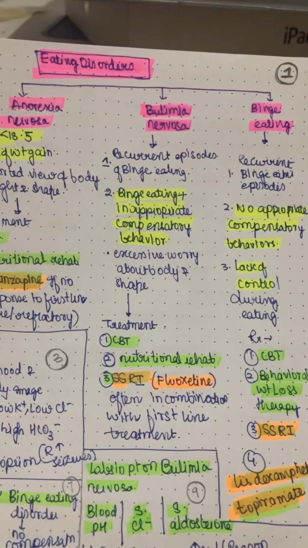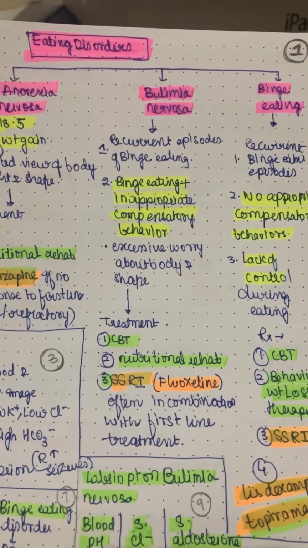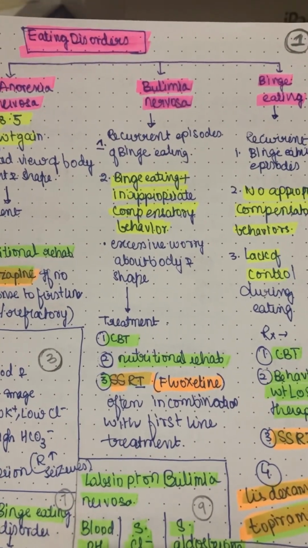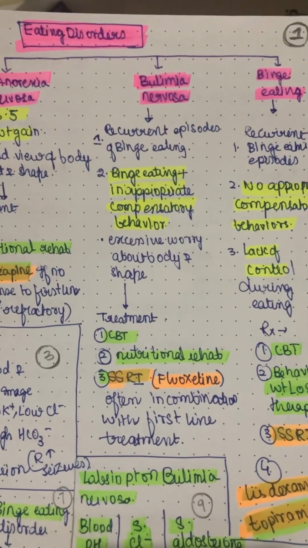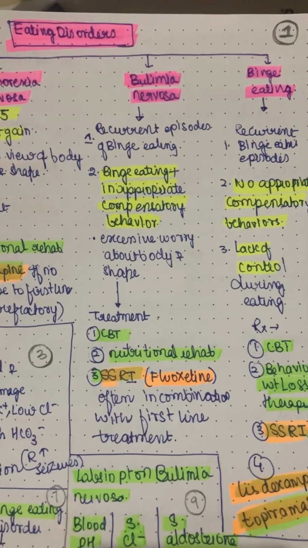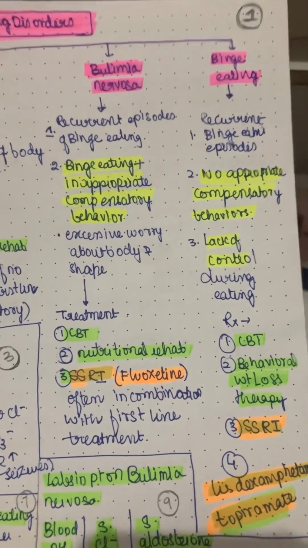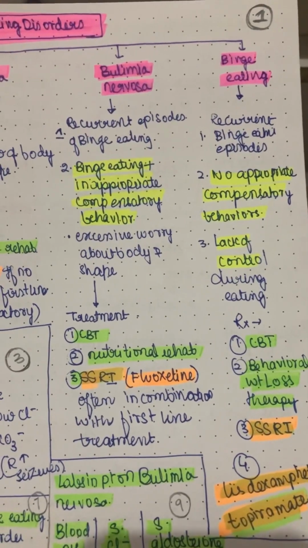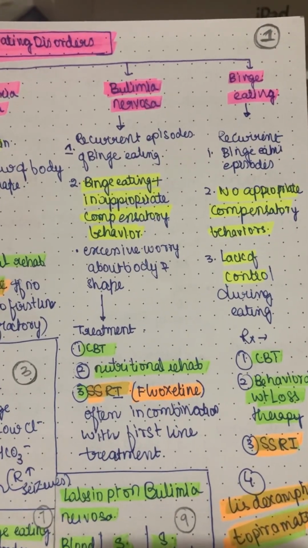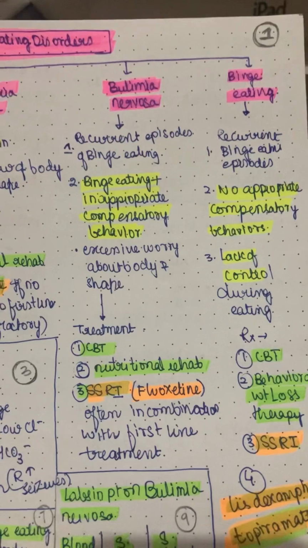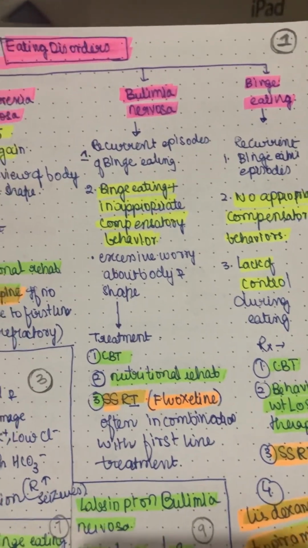In bulimia nervosa, there are inappropriate compensatory behaviors like severe exercise, purging, vomiting, and excessive worry. Whereas in binge eating disorder, there might be compensatory mechanisms, but not like in bulimia. No proper compensatory mechanisms. There is lack of control during eating.